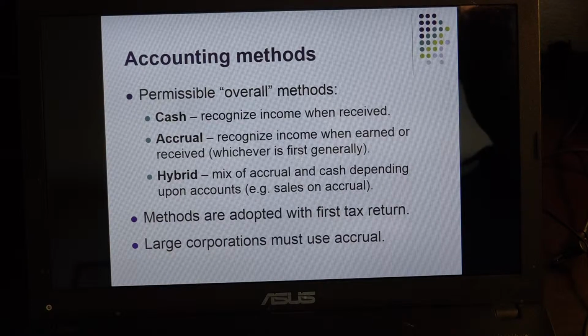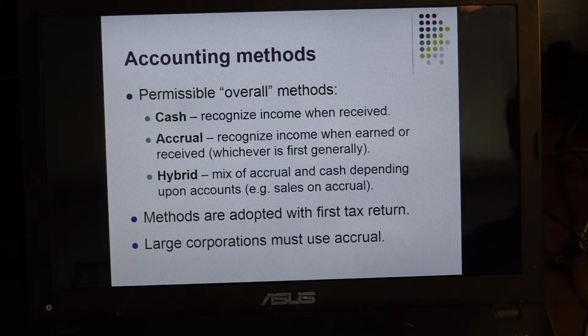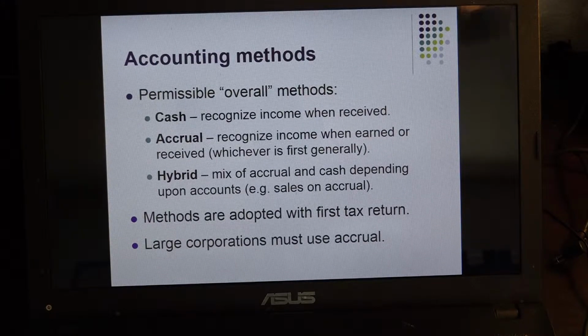And then there's a hybrid method. That's usually where you've got like the sale of inventory. You would recognize revenues and expenses related to inventory on an accrual method. Everything else would be a cash method.